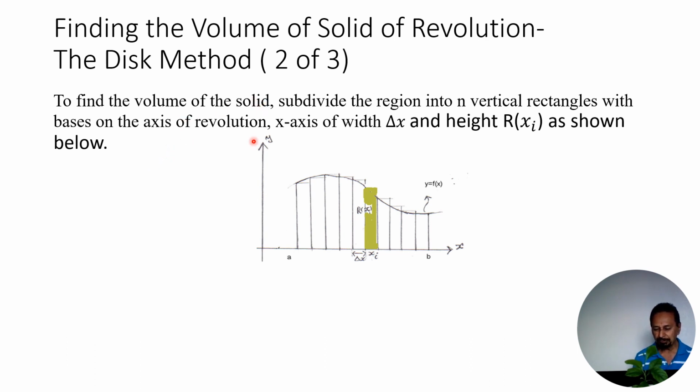To find the volume of the solid, we can subdivide the region into vertical rectangles with a base on the axis of revolution. The width of the rectangle is delta x, and the height is r of xi, the height at point xi.